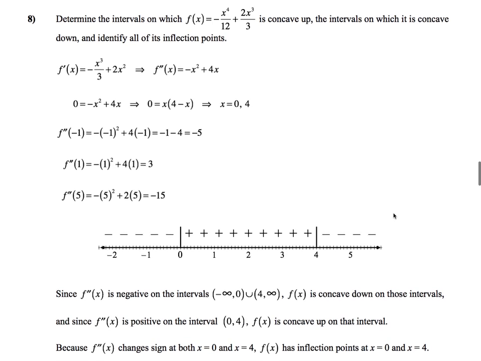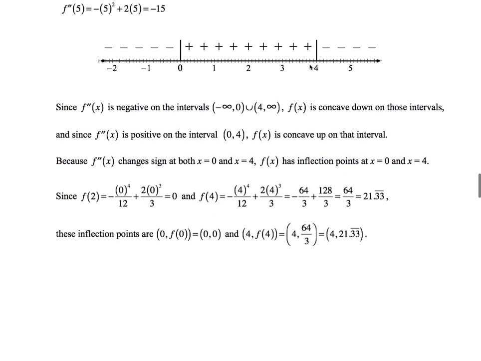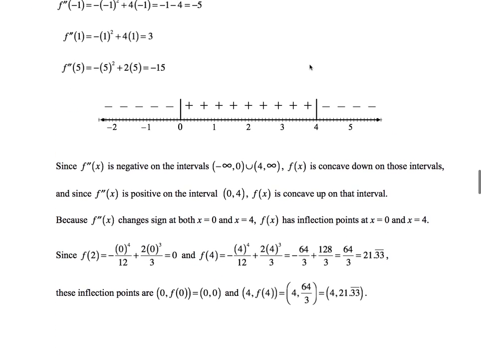So there are the intervals of concavity, and we are also asked to identify all of the inflection points, just as we were asked to identify local extrema in question 7. Now, because the second derivative changes sign at both 0 and 4, so from negative to positive and from positive to negative, that means we have inflection points there, at 0 and at 4.